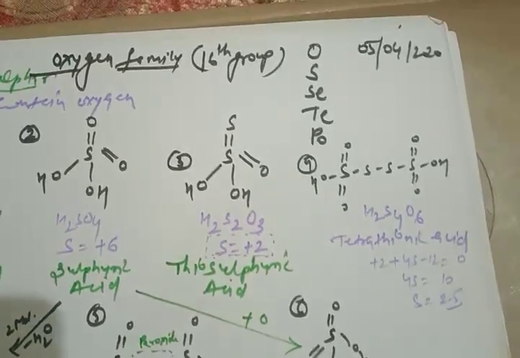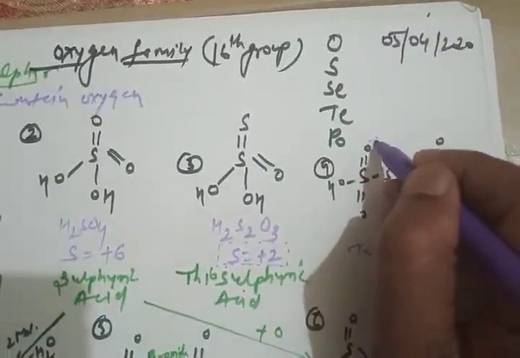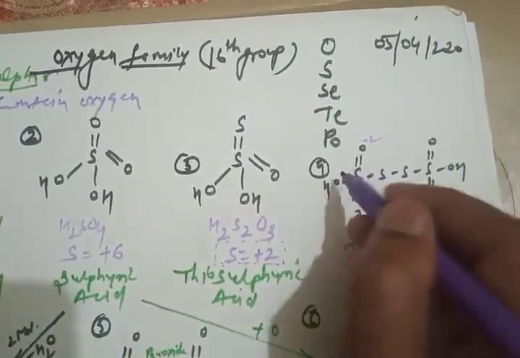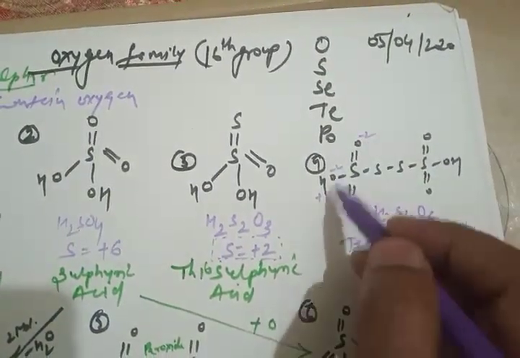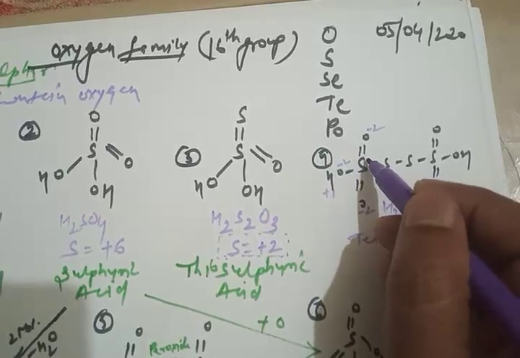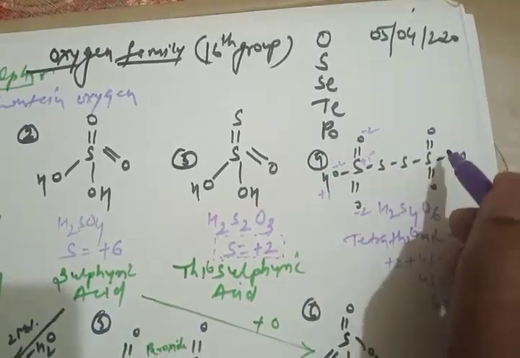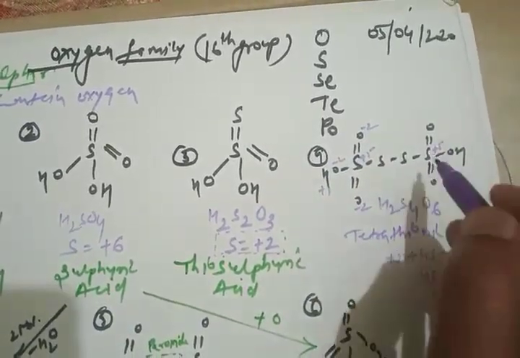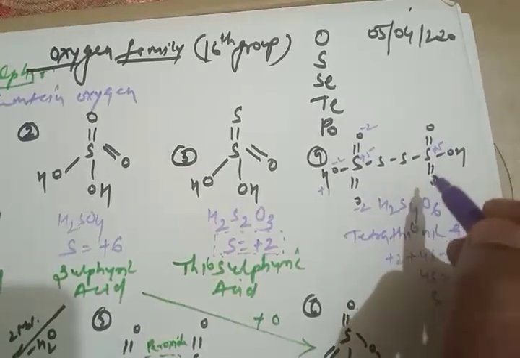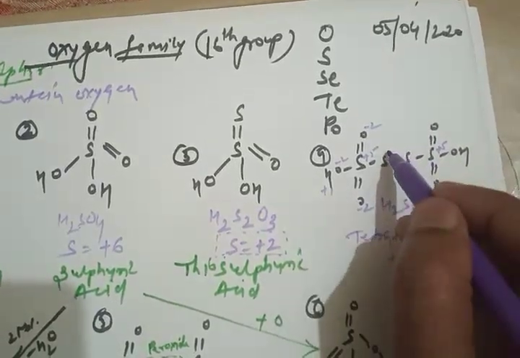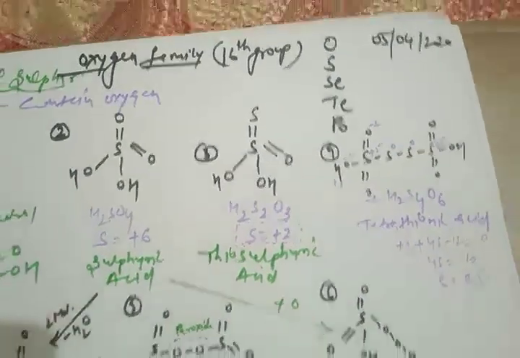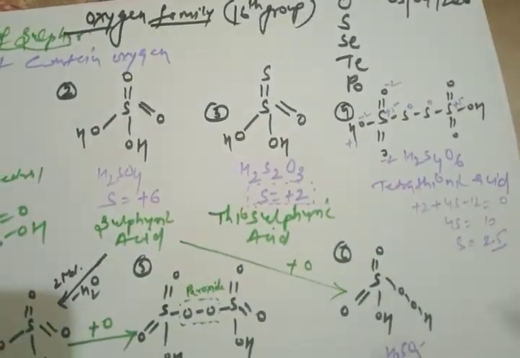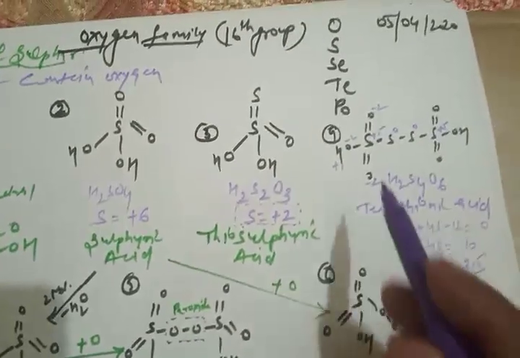See, here oxygen is minus 2, here oxygen is minus 2, here oxygen is minus 2, and hydrogen is plus 1. So this sulfur is plus 5, and similarly this sulfur is plus 5. So these two sulfur contribute S equals to plus 5, whereas these two sulfur contribute 0. So this is how the distribution takes place.